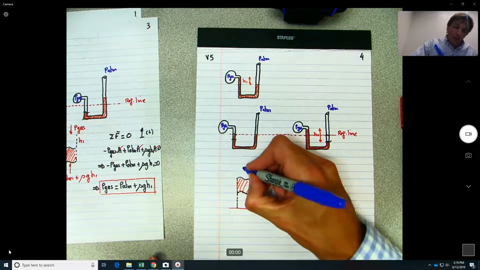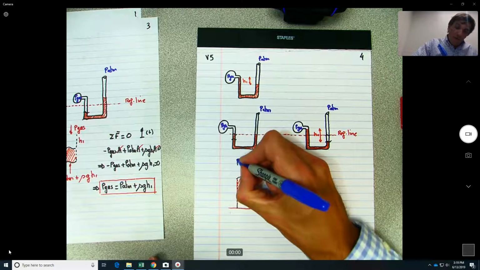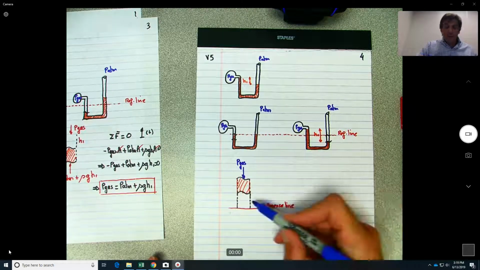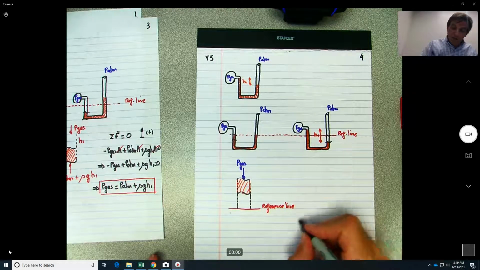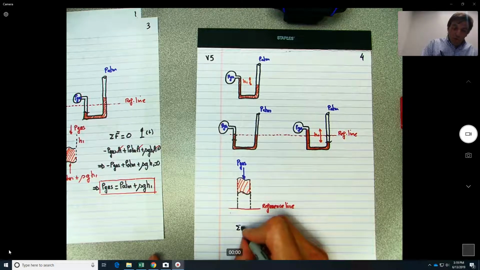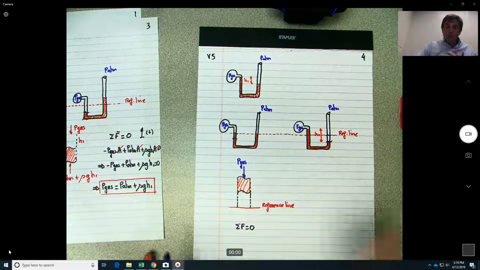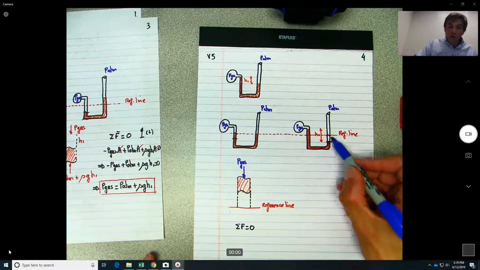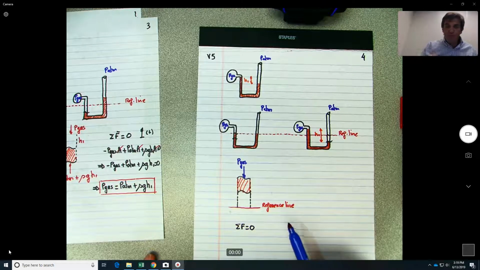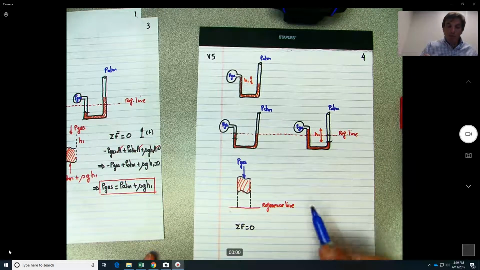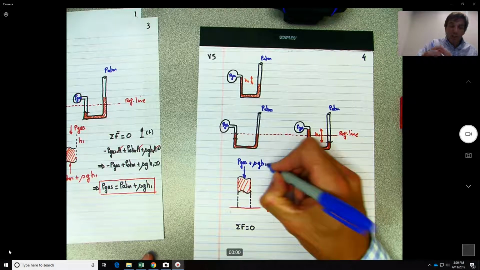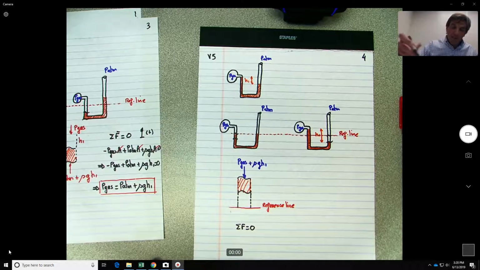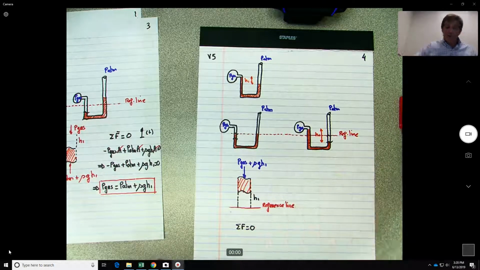We know we're going to have the P gas, but to move this element to the reference line so that we can use the static equation, which is summation of forces equal to 0, we need to move it to the state over here. So we need to push this one down so that this element can go up. By how much do we need to push it? Plus rho g h1, where h1 is that height over here.